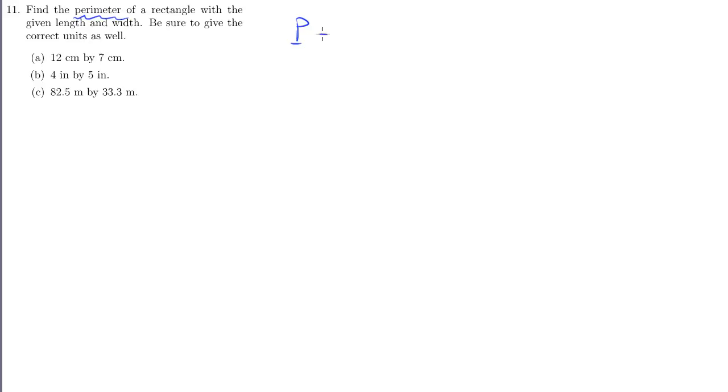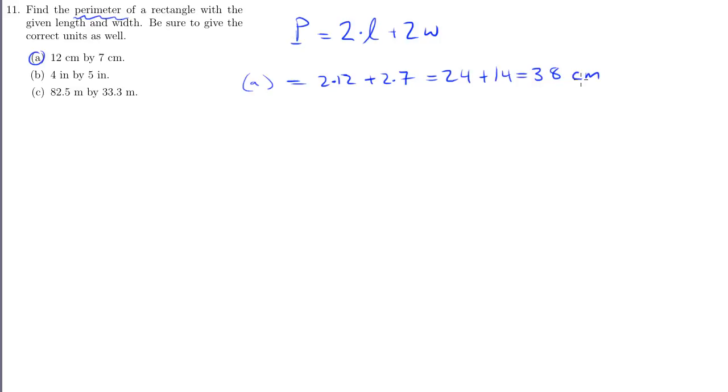Our formula for perimeter is twice the length plus twice the width. So for number A here, that's going to be 2 times 12 plus 2 times 7, which is 24 plus 14, so that's 38, and it's a perimeter, so our units are linear centimeters.